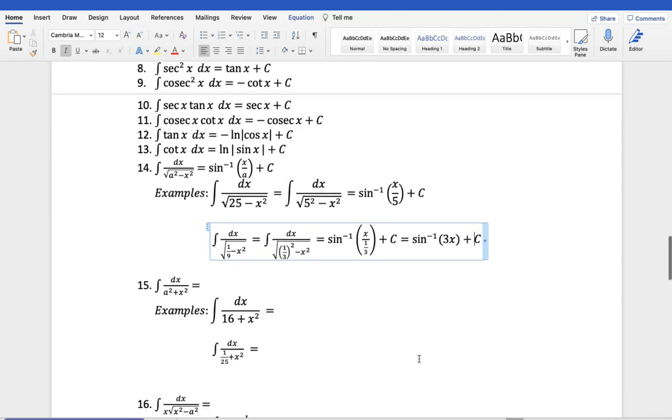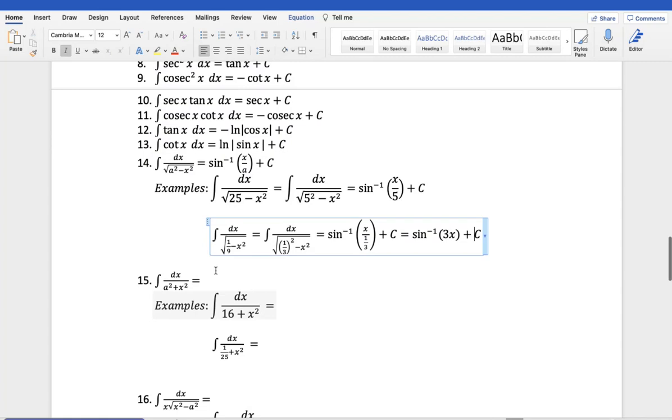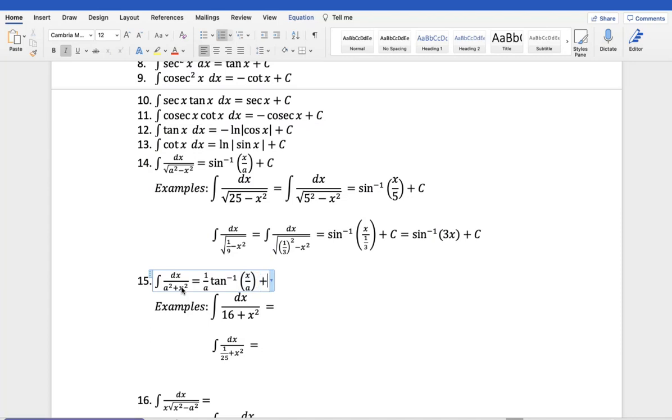And looking at the next one, we have the standard form of the integral of dx over a squared plus x squared. And all integrals of this general form are also equal to just 1 over a multiplied by tan inverse of x over a plus c, our constant of integration.